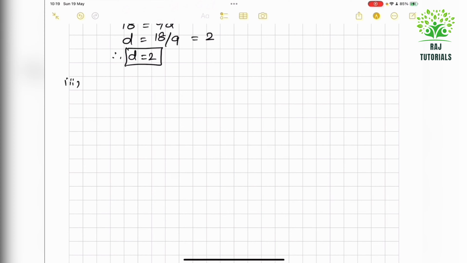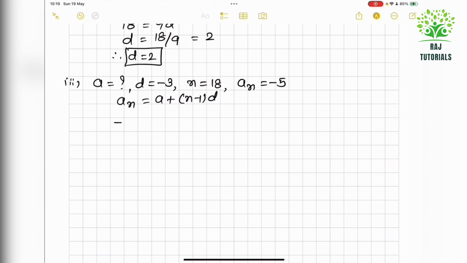The third one says A is not given to me. D is minus 3, N is 18, and AN is minus 5. Again, the formula is the same, AN equal to A plus (N minus 1)D. Now I am putting in the values. AN is given to me as minus 5. A, I am not given.